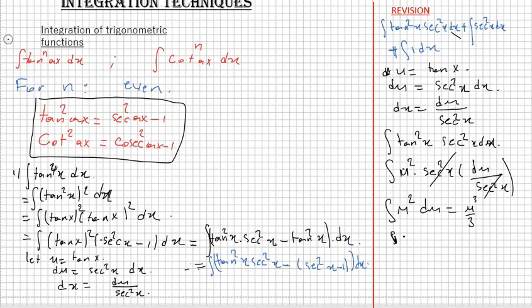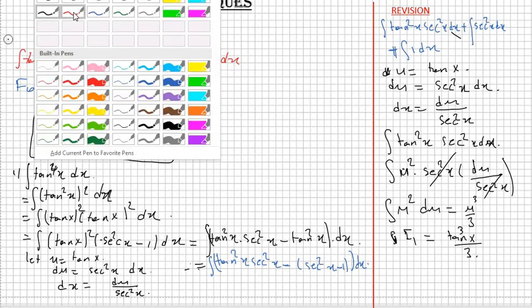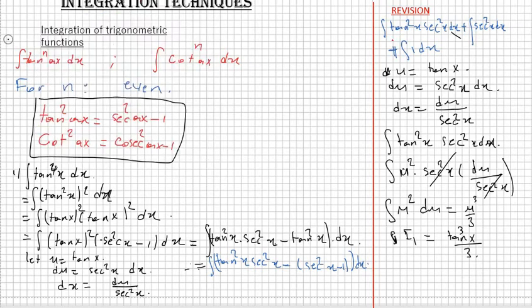So I finally have the first integration gives tan x to the power of 3 over 3. So that was the first integration.